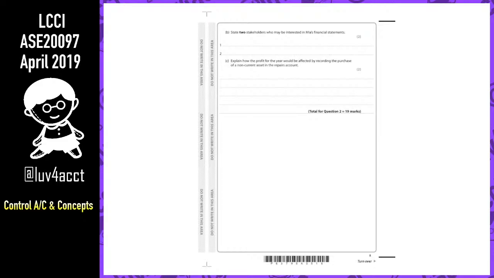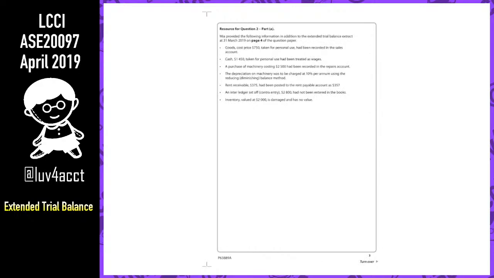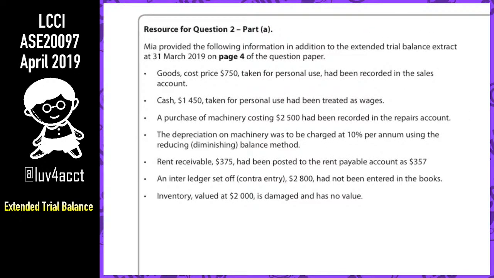So extended trial balance. Let's see. We have 7 items. Let me number them first. Item 1, goods cost price 750 taken for personal use had been recorded in the sales account.